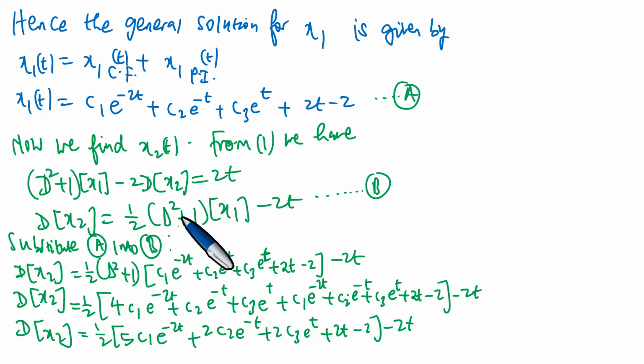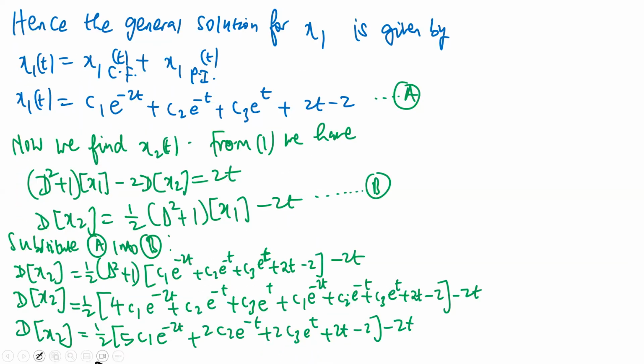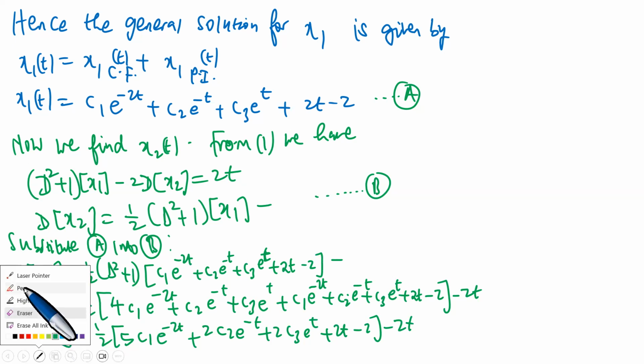Okay, I need to clarify that we divided through by 2 here, so this one's supposed to be 1. Supposed to be 1. So we divided through by 2, but yeah, this is supposed to be just minus t here. Okay, we even forget.